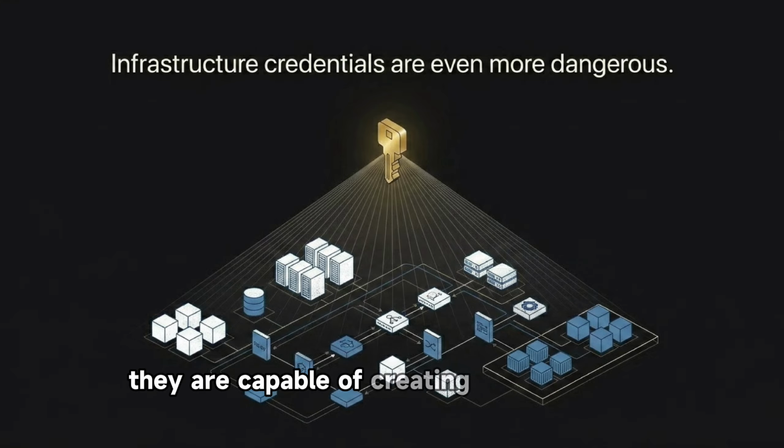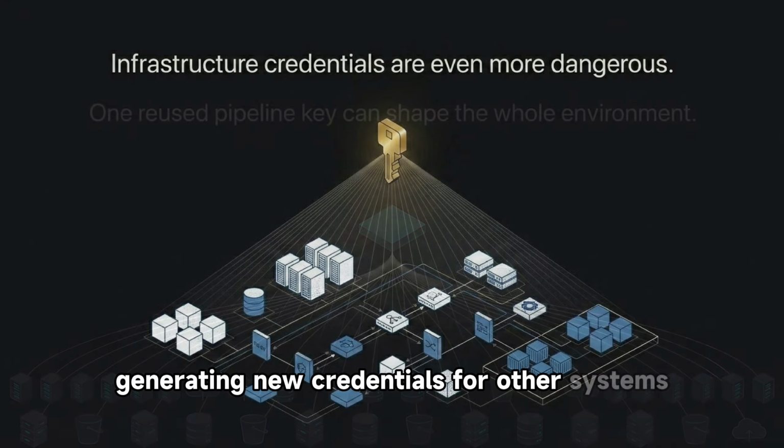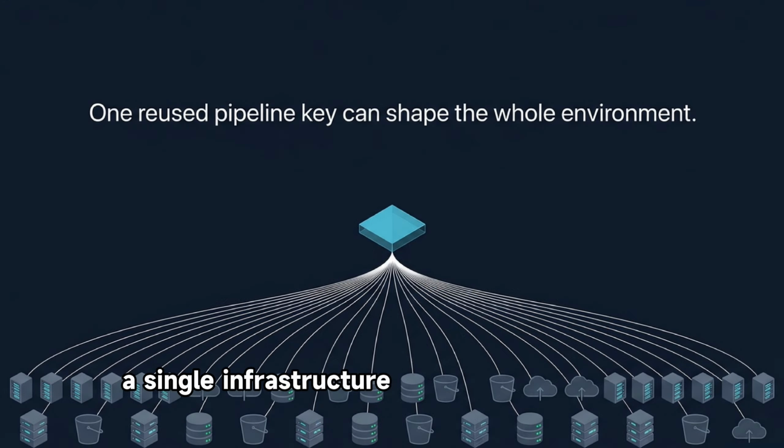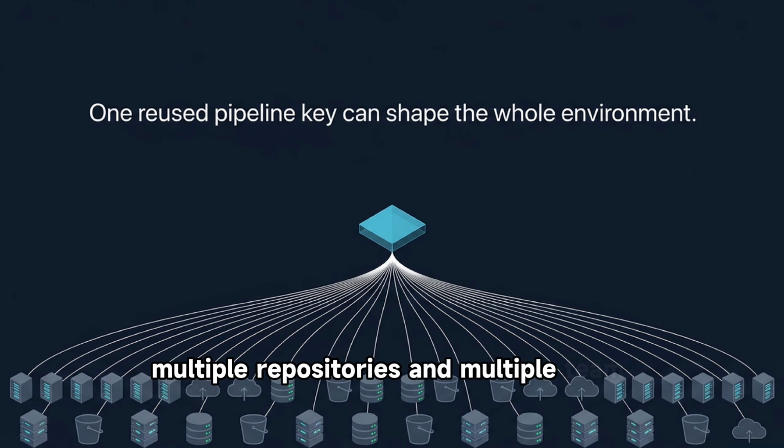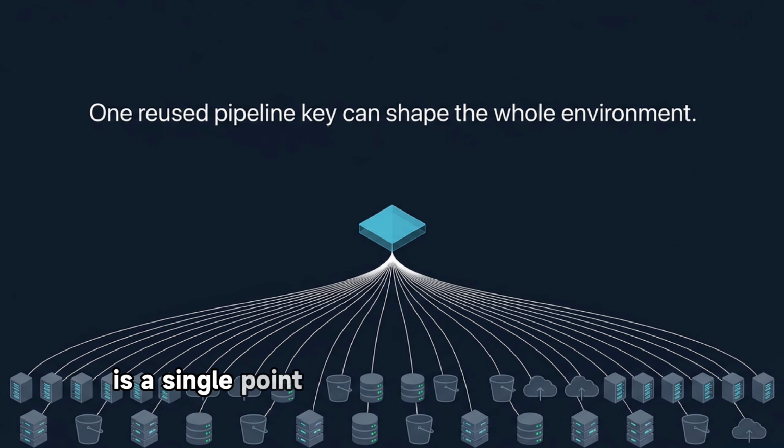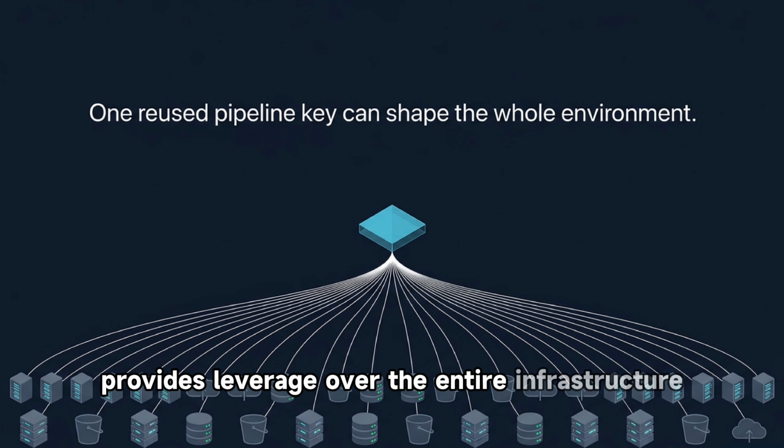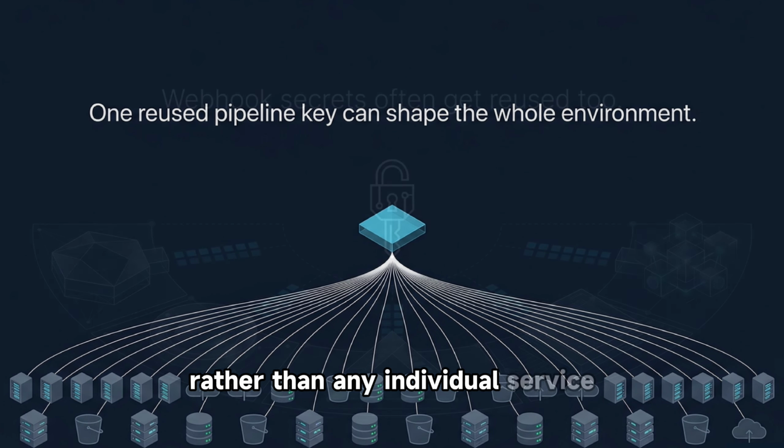They are capable of creating new resources, modifying access policies, and in many cases generating new credentials for other systems. A single infrastructure automation credential that is reused across multiple pipelines, multiple repositories, and multiple team environments is a single point of failure that, if compromised, provides leverage over the entire infrastructure rather than any individual service.